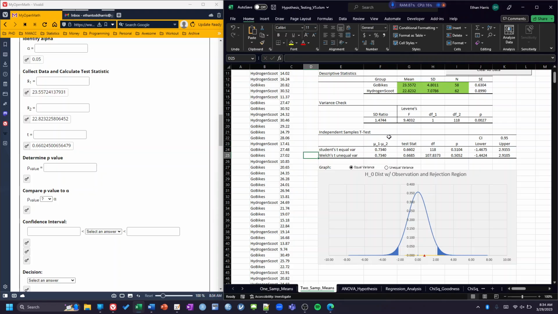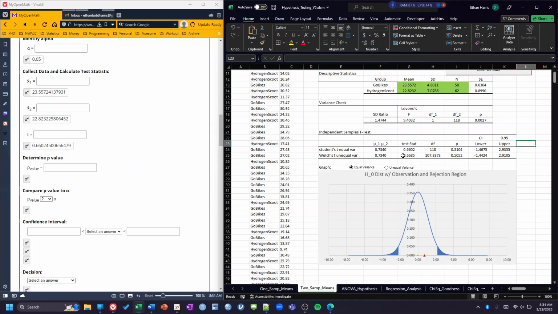So this is the difference that we saw between these two. And the test statistic is a t-test statistic. Notice how we have two of them. The one that we want is this upper one, because this line right here is for equal variances. The bottom one is what we'd use as Welch's t for unequal variance.